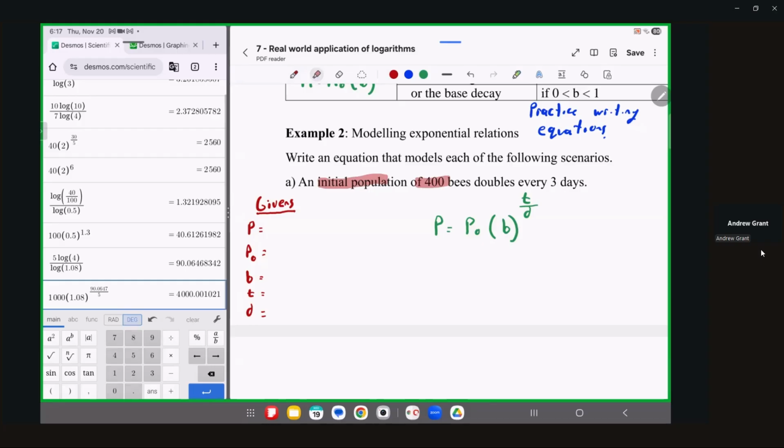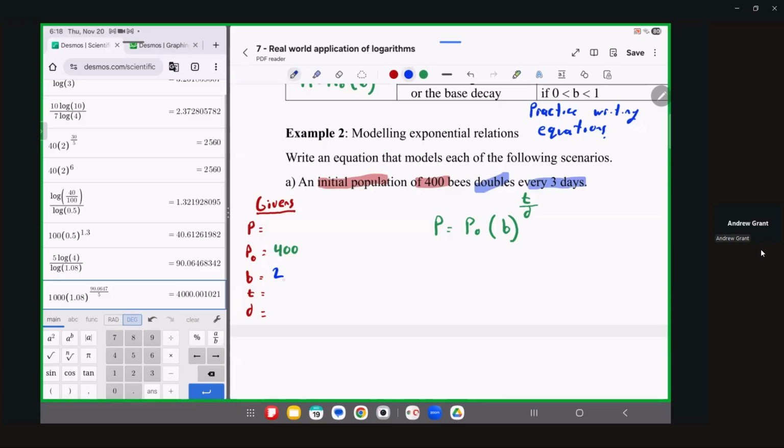Okay, so we have an initial population of 400 bees. Initial means starting, and if it's a starting amount, that's going to be P sub 0. So P sub 0 will be 400, of bees. They double every 3 days. Okay, so the base amount of bees doubles. So if we're doubling, that's going to be our base.